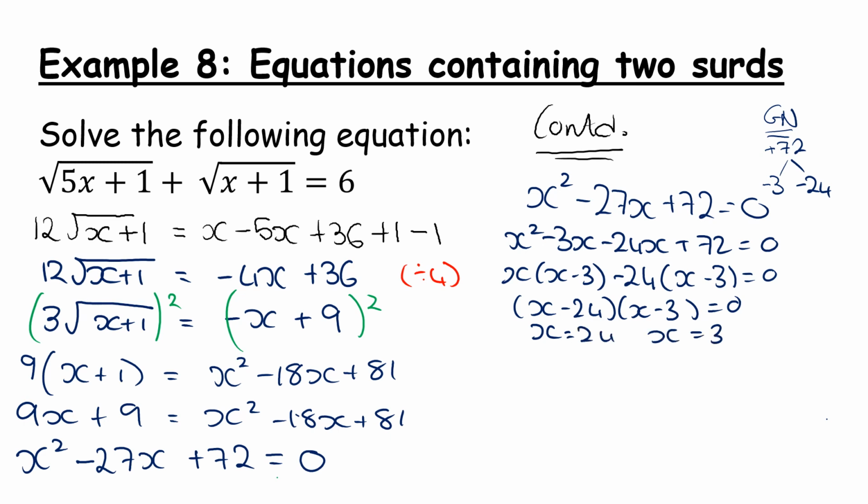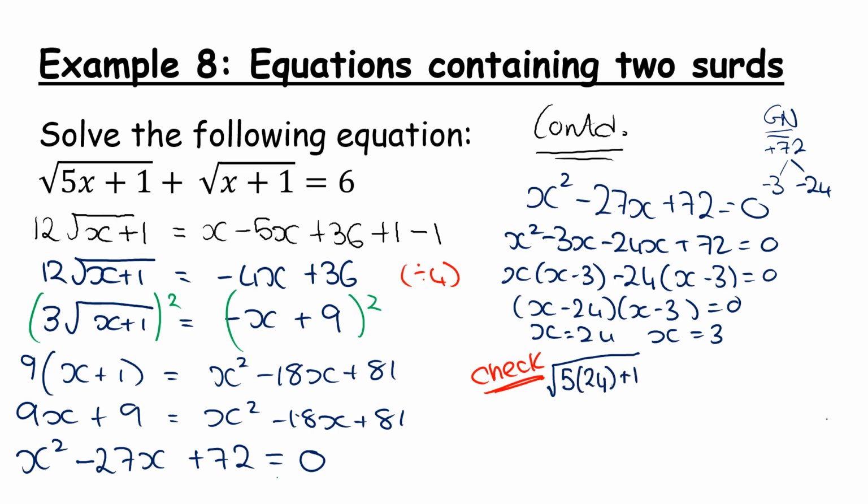So now it's important that we go and we actually check these answers. That's one really important part of the surd equation, that we check both our answers to see are they both valid, or is there one that's valid and one that's not. So let's sub it in.